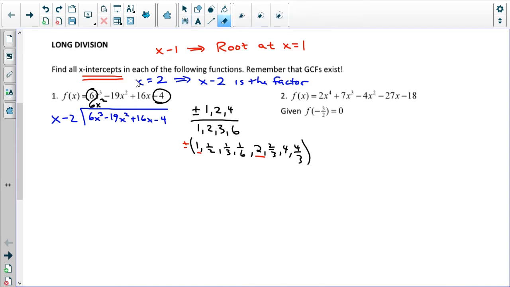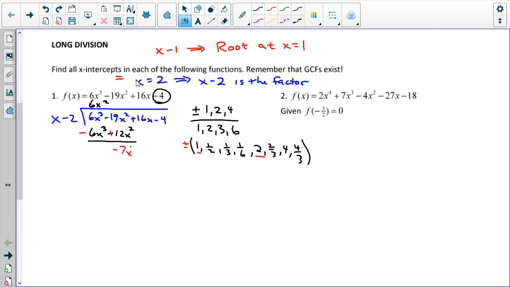I should probably get rid of the circle so then it's easier to see. 6x squared times x is 6x cubed, and then 6x squared times negative 2 gives minus 12x squared. When I subtract these, I'm going to change the signs. Those go away. This becomes negative 7x squared, and I will pull down the 16x.